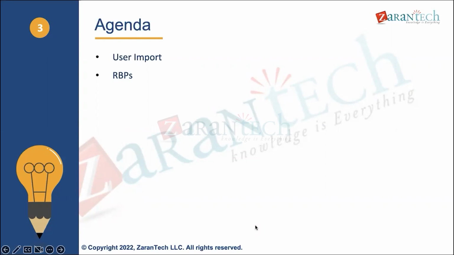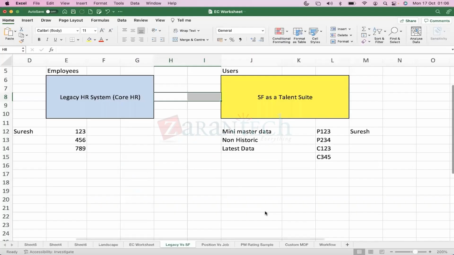Okay, and then coming to the Excel sheet that I was showing you yesterday. So this is the one. As a summary, again, we can implement SuccessFactors with or without Employee Central, the first key point.